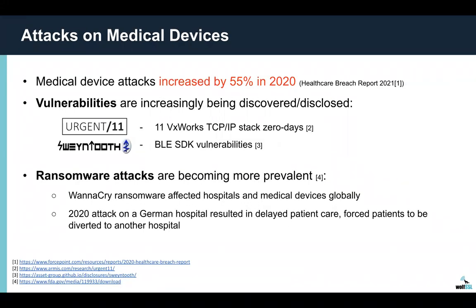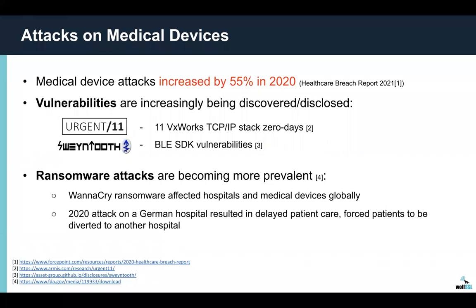From the Healthcare Breach Report 2021, medical device attacks had increased by 55% in 2020. And we've seen several vulnerabilities that have affected medical devices come out. A couple of those we put on the slide here are Urgent/11. This was 11 VxWorks-specific vulnerabilities in their TCP/IP stack, which were zero-day vulnerabilities that were also found to impact several medical devices.